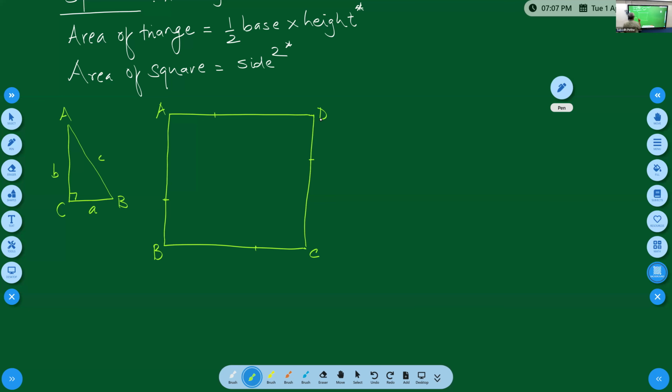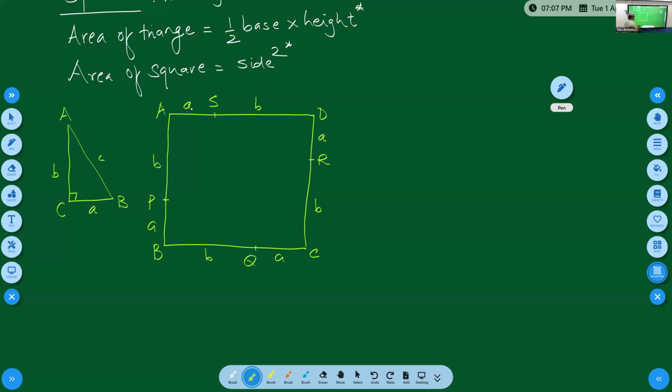P, Q, R, S are points taken on the sides of the square such that AP is small b, PB is small a, BQ is small b, QC is small a, CR is small b, RD is small a, DS is small b, and SA is small a.